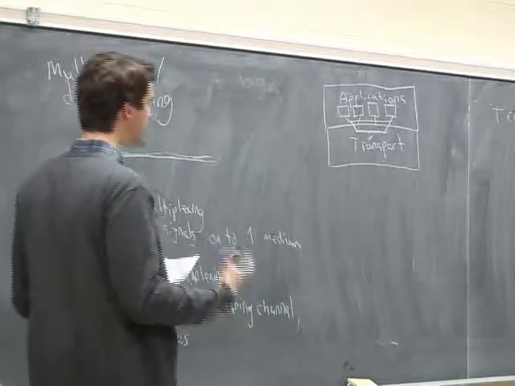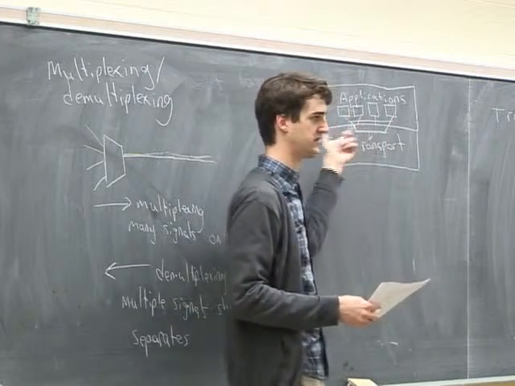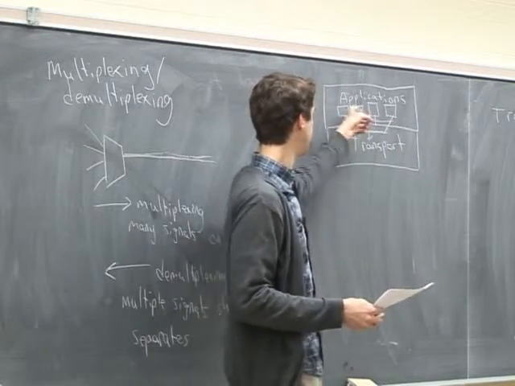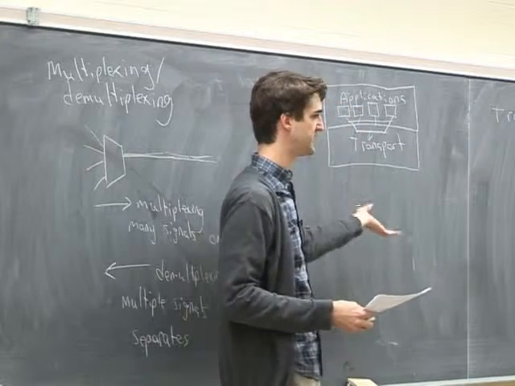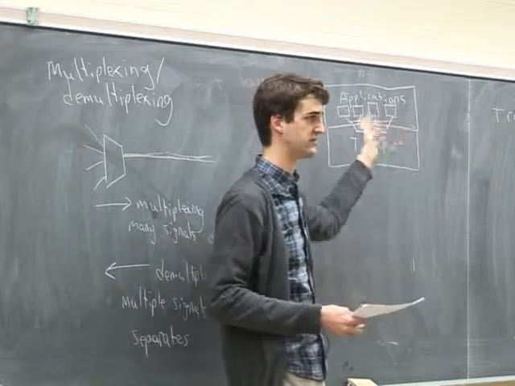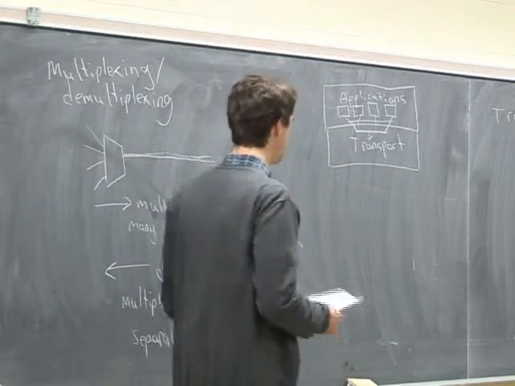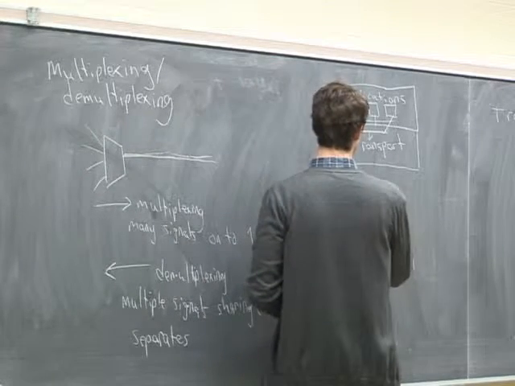Now, we need some way to differentiate these flows from different applications. If this web browser sends a message and receives a reply, we want the reply to go to the web browser. We don't want it to go to any other application. So the way we do this is we use these things called ports.